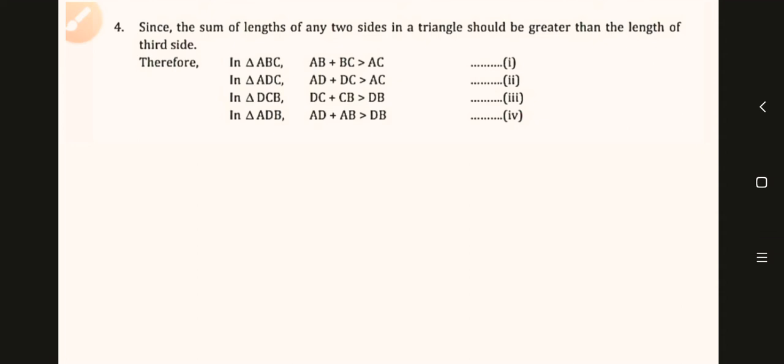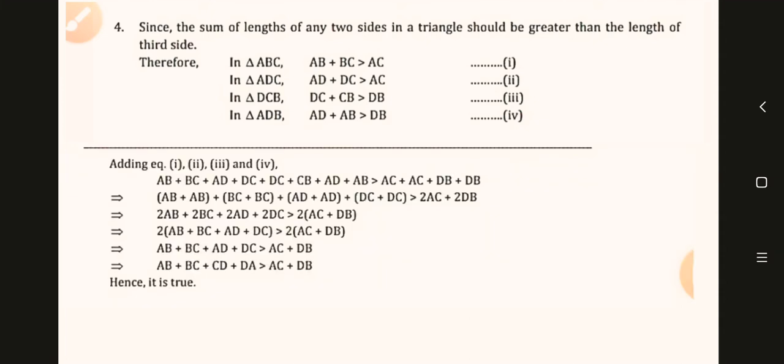After adding, we'll find that AB, BC, AD, DC are repeating two times, so we'll write 2 into those on the left hand side, and AC and DB are repeating two times on the right hand side. So 2 will come on both sides. We can cancel that, and our equation is proved: AB plus BC plus CD plus DA is greater than AC plus BD.